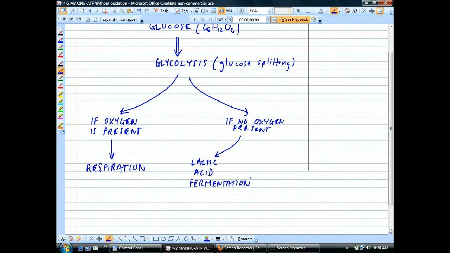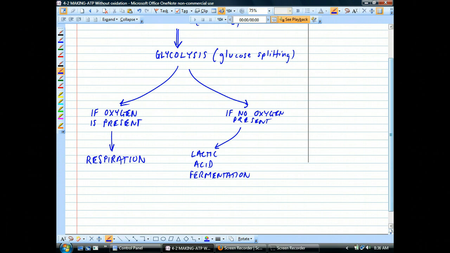This actually happens in the human body when there's not enough oxygen. So like you're running sprints, for example, and toward the end of the 400 meters, your thighs really start to burn. What's happening is your muscles aren't getting enough oxygen, so they're producing ATP through lactic acid fermentation, and the lactic acid is causing that burning sensation. All right? So lactic acid fermentation, this happens in the human body.